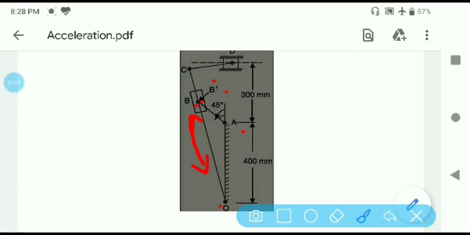Now it will be easier for us to incorporate the three motions of the slider in the velocity diagram. How we are going to incorporate that we will see when we draw the velocity diagram. So this assumption will make our work easier.